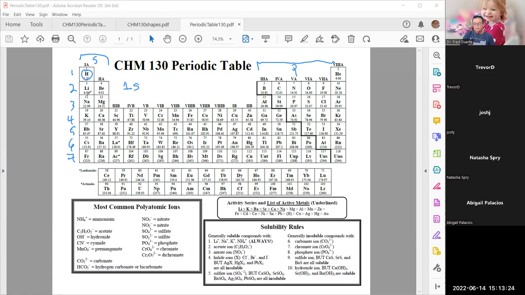And it's in the first column, so I can put superscript 1. I'm done. That is the electron configuration for hydrogen, 1s1. Now, I go across to helium. Very straightforward. I get rid of that 1, I add a 2, and I'm done. That is helium.